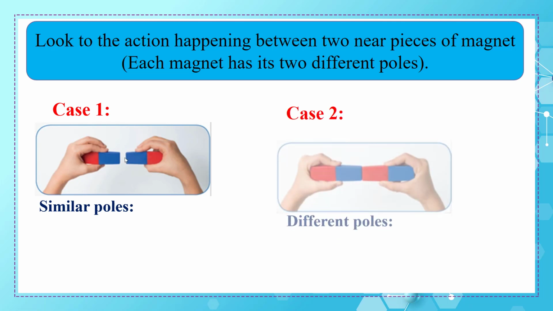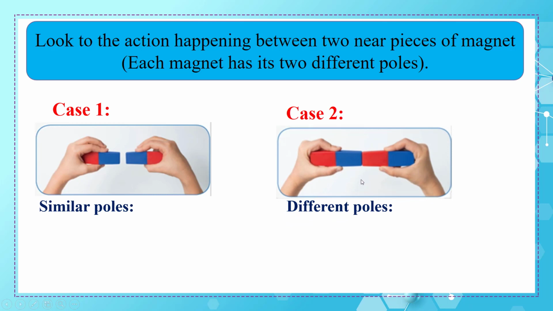Think, guys. And here I have the two opposite, or different, poles of the two pieces of magnet near to each other. What will happen? Think, please. A repulsion will occur between the similar poles, while between the different poles an attraction will occur.